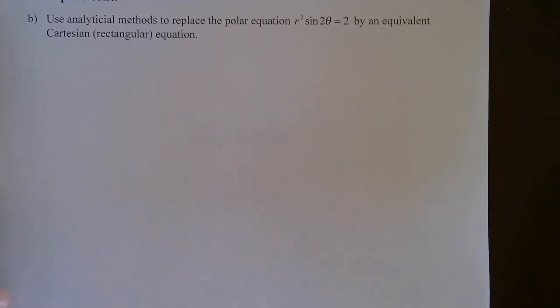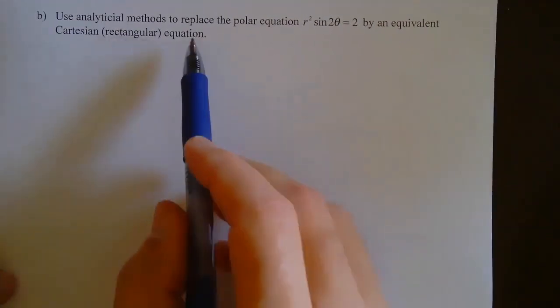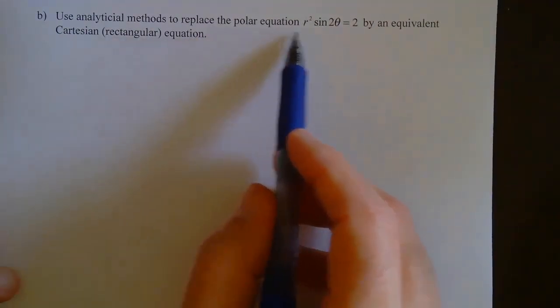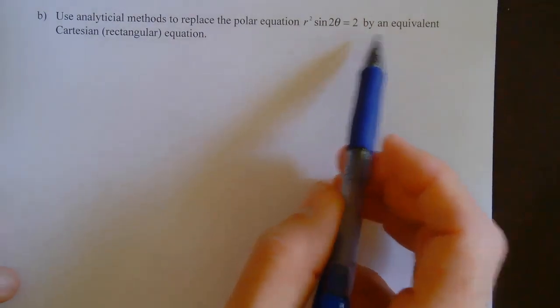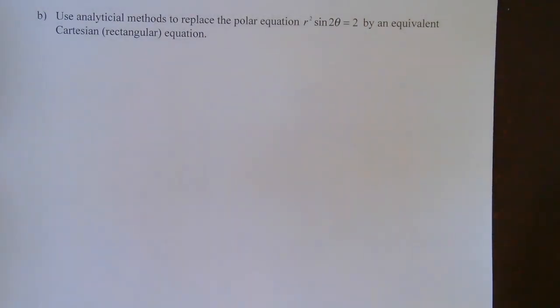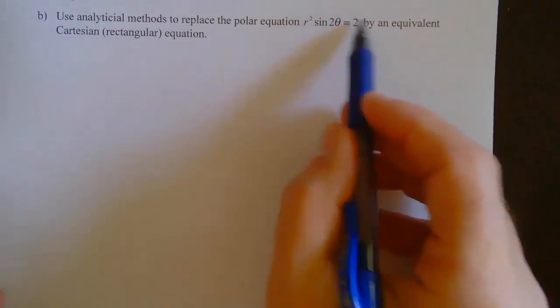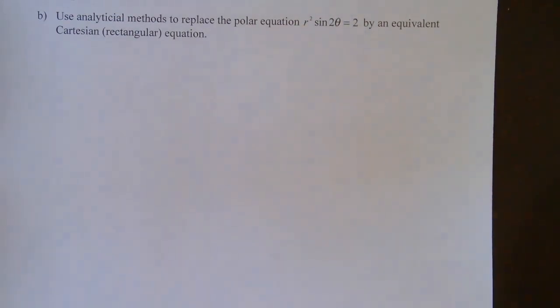All right. So we want to use analytical methods to replace the polar equation r squared sine 2 theta equals 2 by an equivalent Cartesian rectangular equation, okay? What would this produce? We might be able to recognize the Cartesian equation.